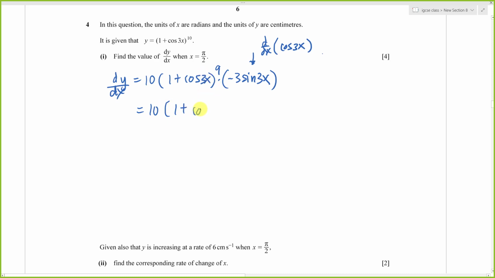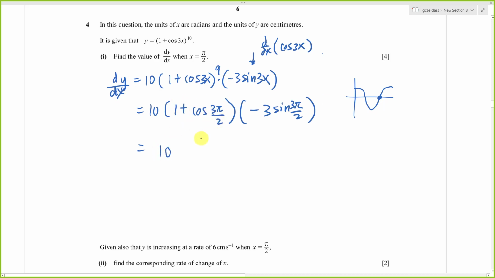1 plus cos 3 pi over 2, and then this one is minus 3 sine 3 pi over 2. I just sub in the pi over 2 into the x here. So 3 pi over 2 basically will be 270 degrees, right? 270 degrees for cos. Learn about the cos graph, right? Cos looks like this. 270 for cos, you will get 0.